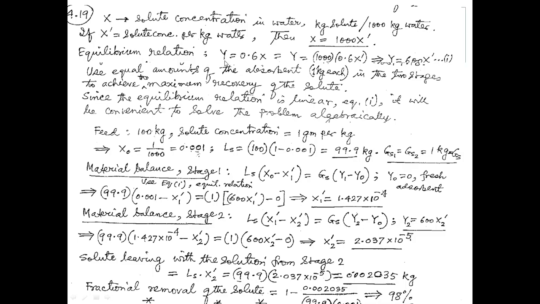Now equilibrium relation is y equal to 0.6x. Now y is kg per kg, and x is kg per 1000 kg. So I will replace this in here: this into 1000 into x dash. So this is y equal to 600 x dash, where y is also kg per kg absorbent, and x dash is kg per kg water. Okay, so now this equilibrium relation has a unit constant.